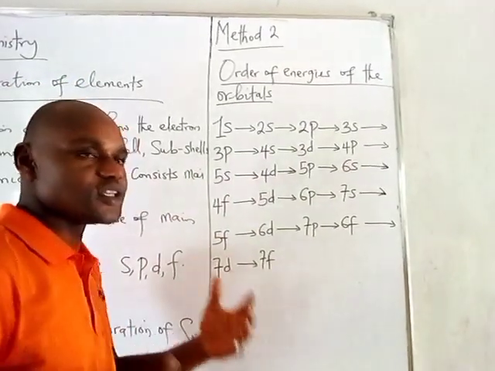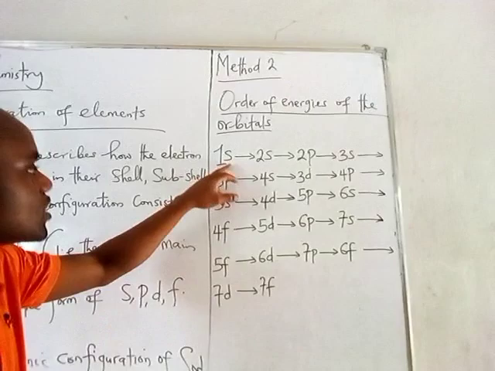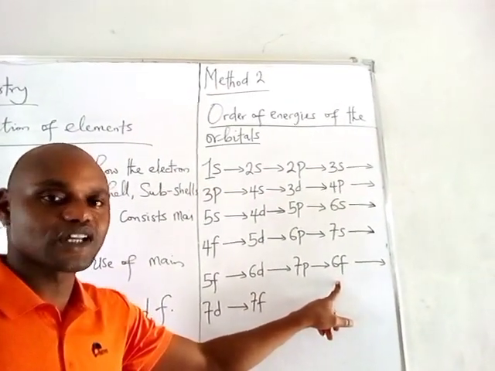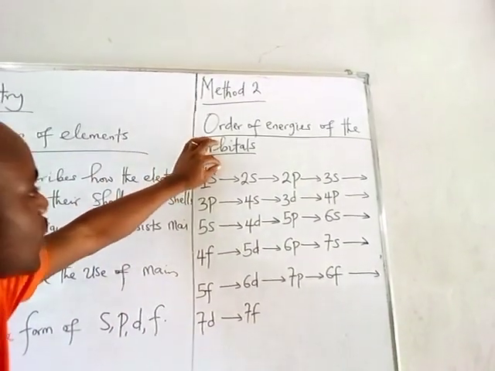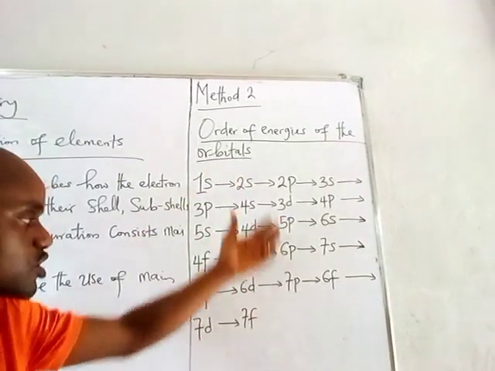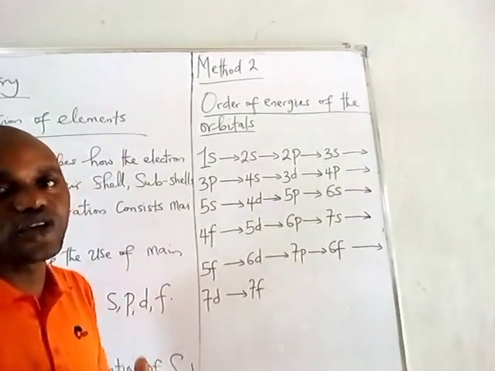That is how we follow it sequentially. You cannot start with 1s, then thereafter put 6f as the next orbital. It's totally wrong. So you follow this order of energies, starting from 1s continually until you get to 7f, depending on the elements that you are given.